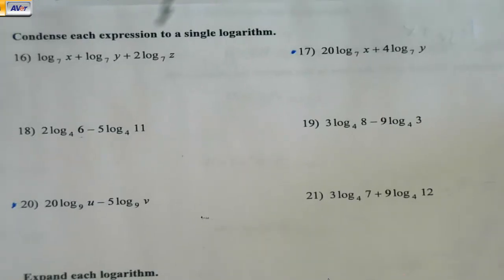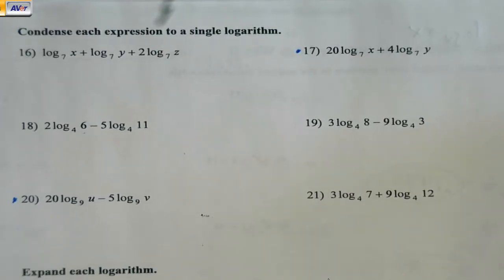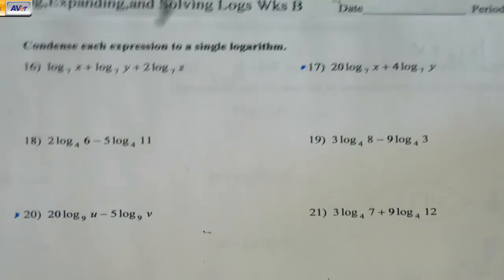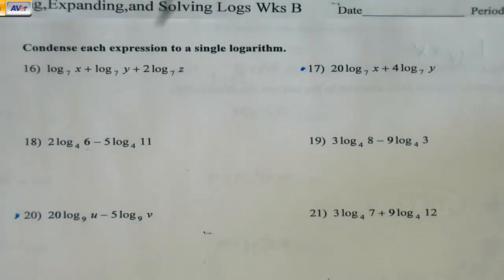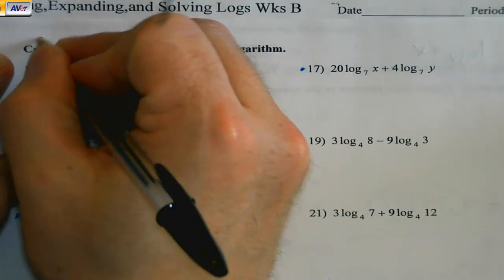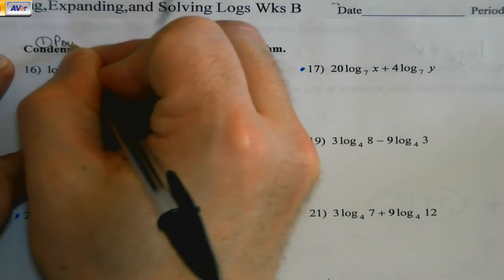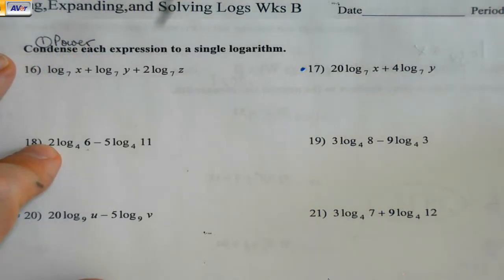Okay? So now, as we head to the back, we're going to take a step back. For some of you, maybe this is the side you're going to want to do first. Condense each expression into a single logarithm. Okay, I got to go back to my steps, and they're still over on the sideboard for me to help me out if I need them. When we're condensing, we do power first.